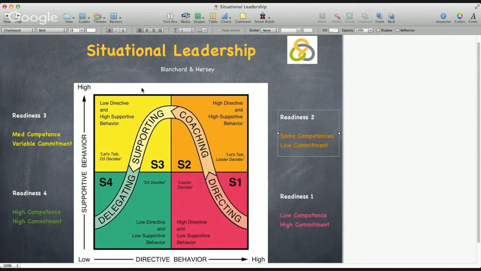Situation 2 is when you as a leader are becoming much more coaching in your approach to teaching somebody what to do or encouraging somebody what to do. It's still quite highly directive because you're still imparting some knowledge here, but the behaviour is much more supportive too.